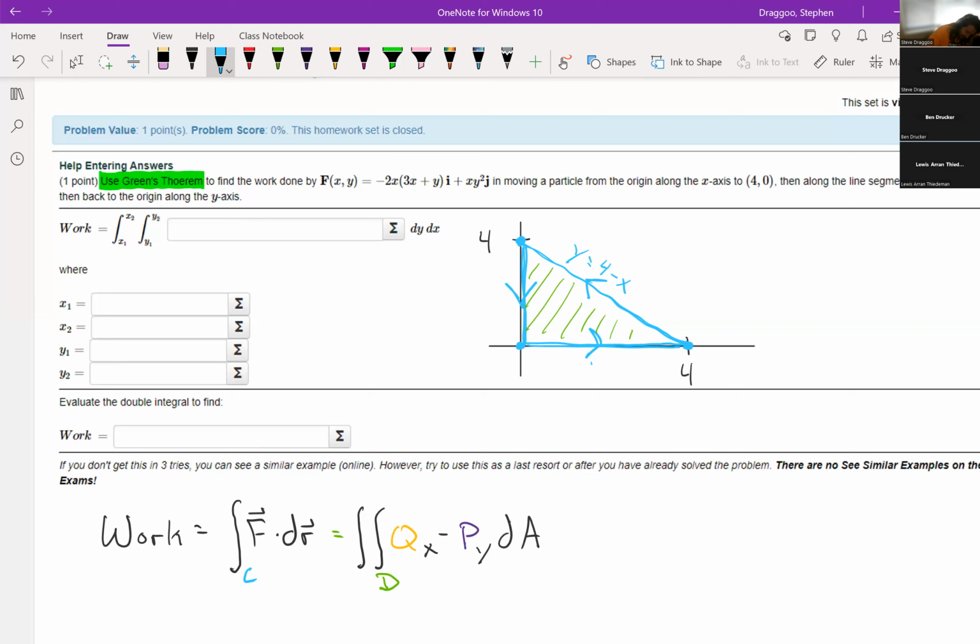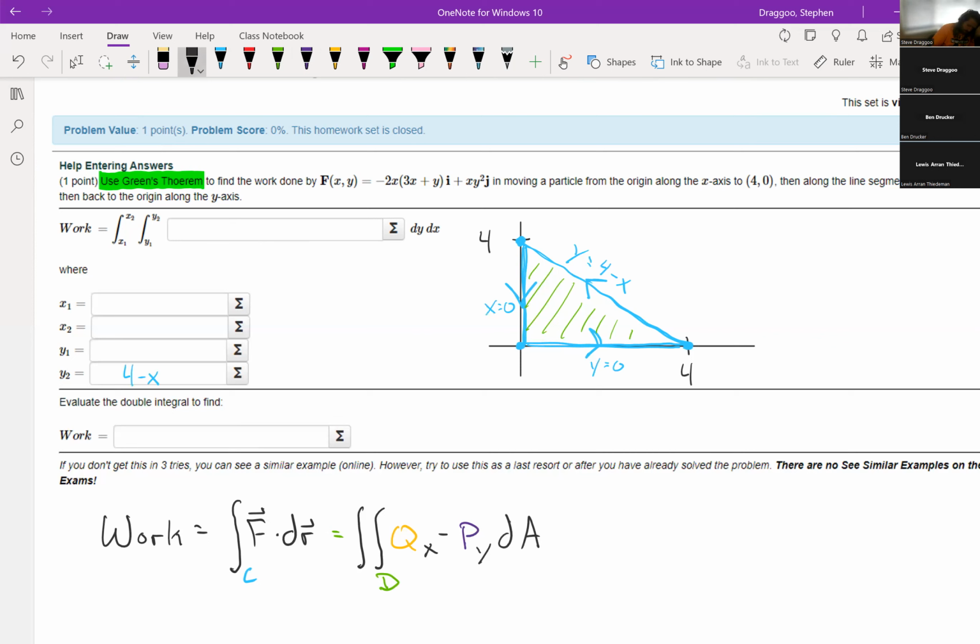And then, of course, we've also got y equals 0 here and x equals 0 being the other guy. But if we're going to put all our bounds together, the fun one is our upper bound for y. It looks like this integral is being set up to do y first. We could probably get away with doing either one first, but we're doing y first, so we'll do it that way. The upper y bound is 4 minus x.